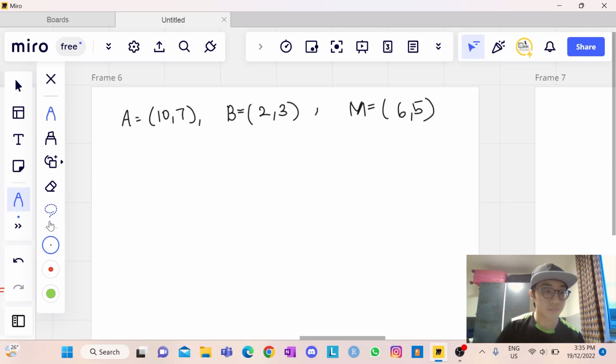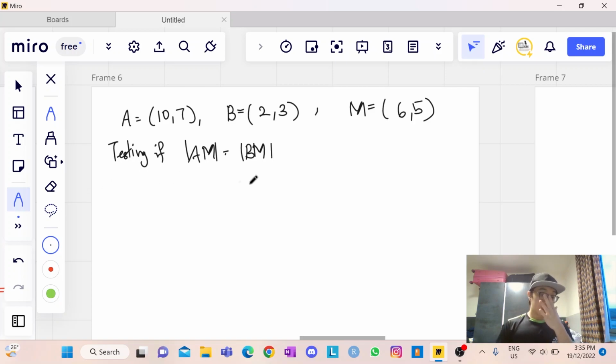So we will be testing if AM is equals to BM. And by the way, this little modulus right here, technically it is a modulus, but we say that it's a distance symbol.